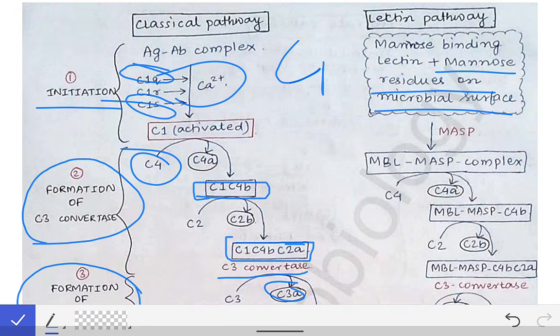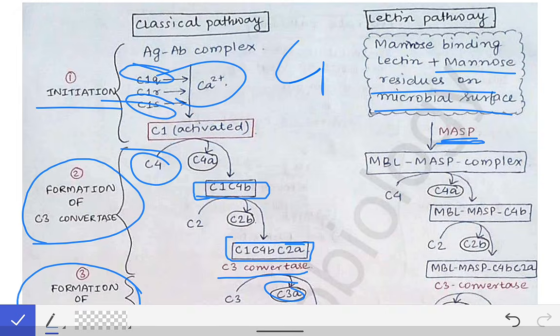Once this complex of MBL is formed with the mannose residues, we also have the MBL associated serine proteases, which in short are called MASP. They also come and bind to that complex, and thereby form the MBL MASP complex.